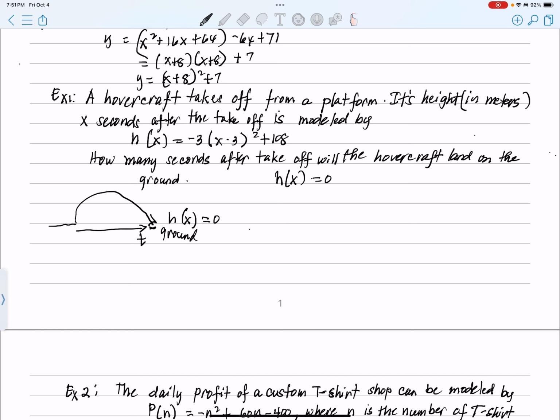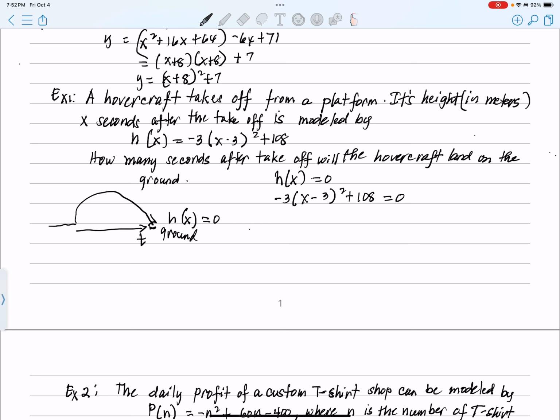Then from the form modeled, we could have negative 3 times (x minus 3) squared plus 108 equals 0. Okay. Now let's simplify because we have a negative 3 right here.